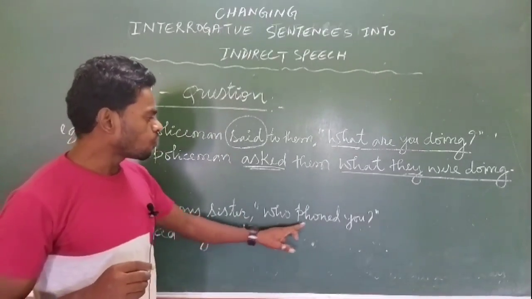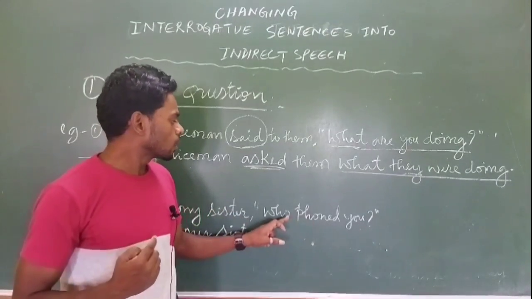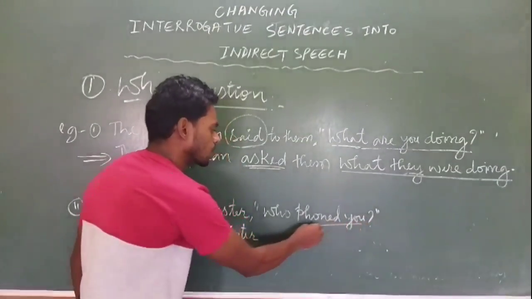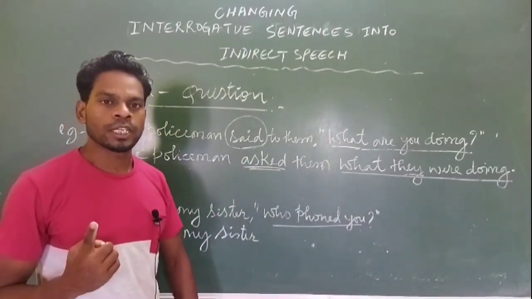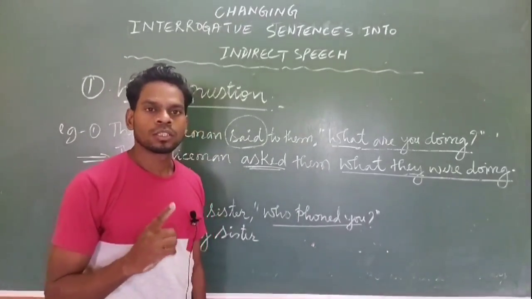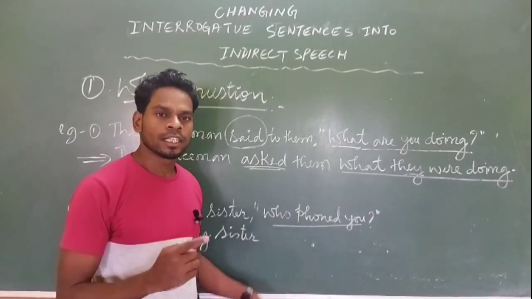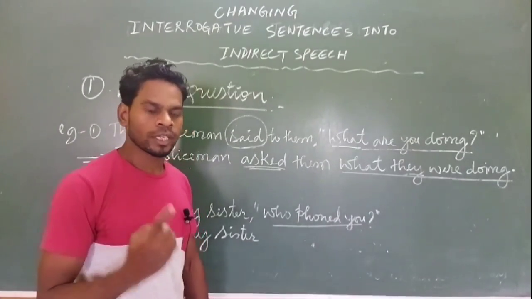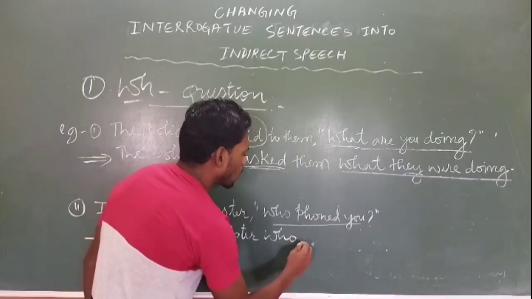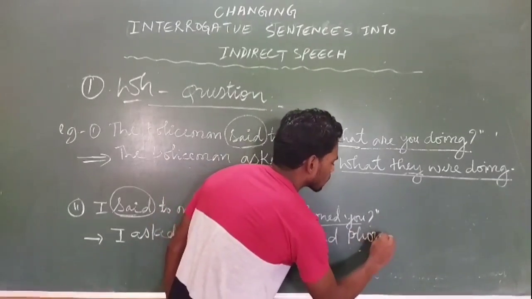Now, "who phoned you" is a WH question, and according to the rule this question sentence will change into a statement. In which tense is it? "Who phoned you" is in the past simple tense, and according to the rule, past simple tense changes into past perfect tense. So it will be: I asked my sister who had phoned her.